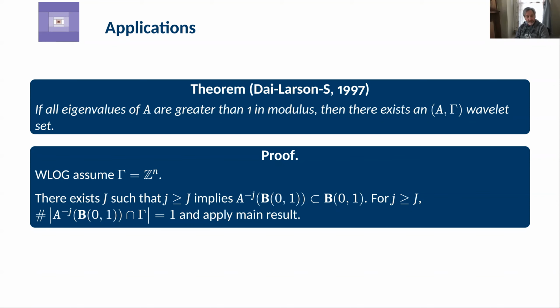So that's what we're saying here: for large enough j, a to the -j of the ball is contained in the ball, which means the cardinality of that intersected with gamma is 1. And so the sum has to be infinite, right? The sum of 1, 1, 1, 1, 1 is infinity. Okay, so we can recreate this result of Larson and myself from 97.